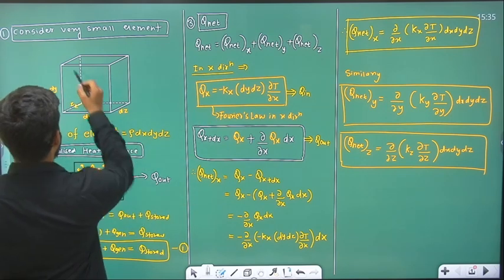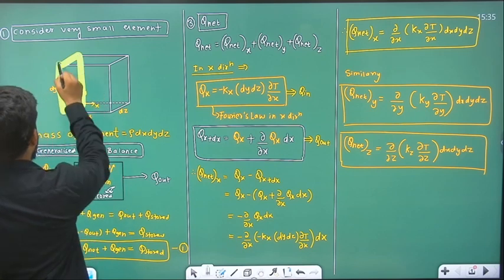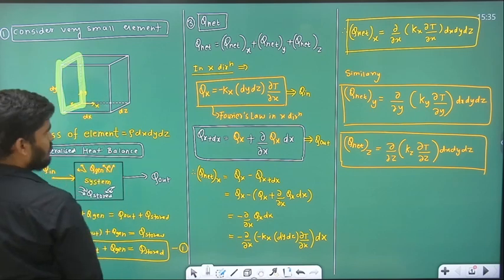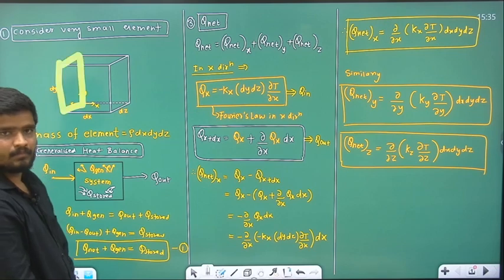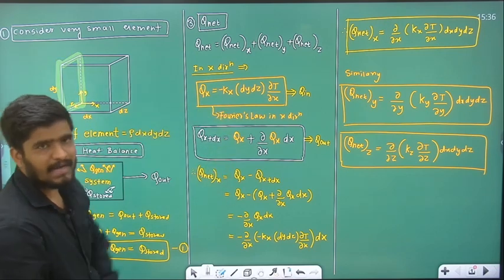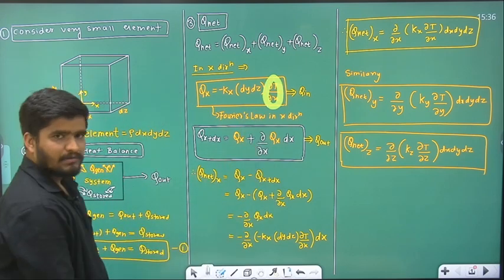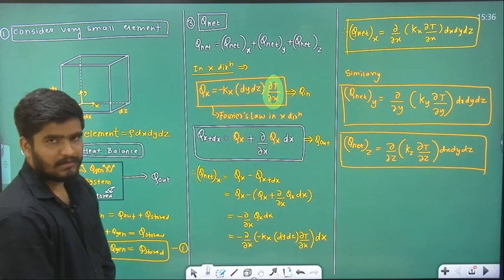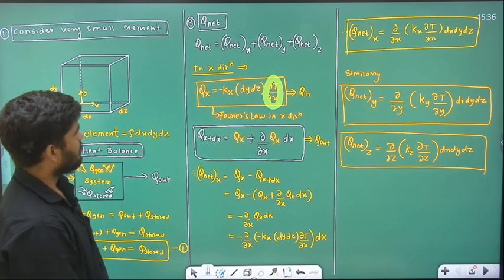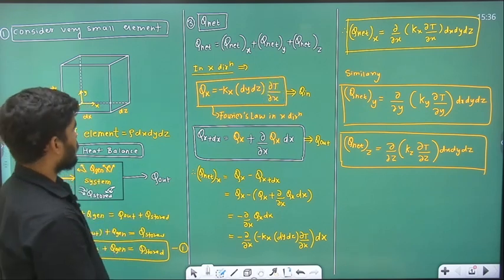Then area, which is what? See, y and z axes are involved, so dy dz. And then temperature gradient in x direction. So in this way I have written Qx.